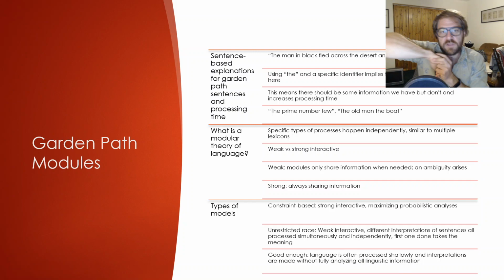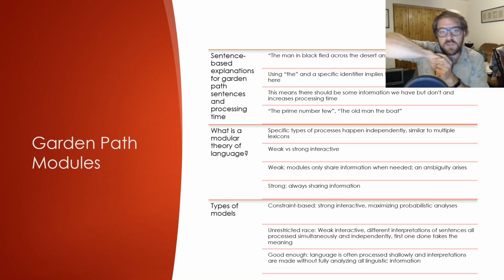And then we can also have a good enough model. And you can have a good enough model that's either strong or weak interactive. What's going on here is that language is just not processed deeply all the time. It can often be shallowly processed, and interpretations just are made.